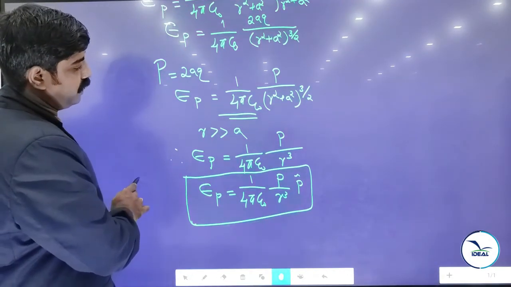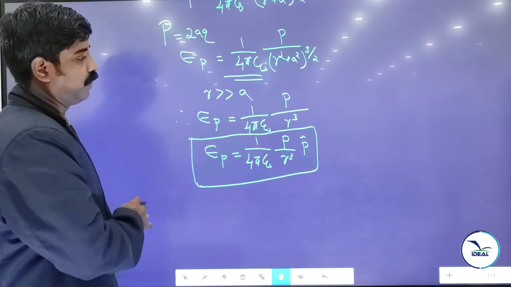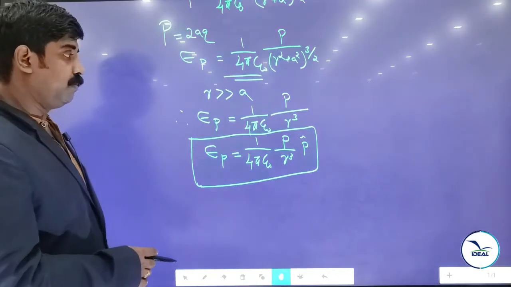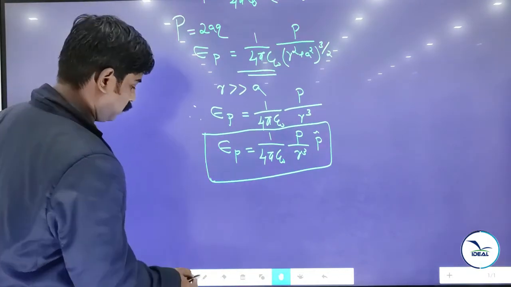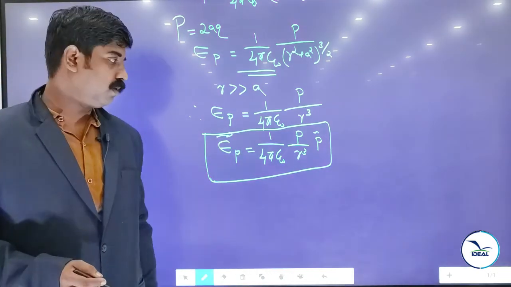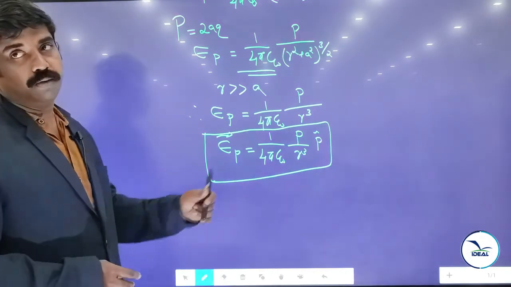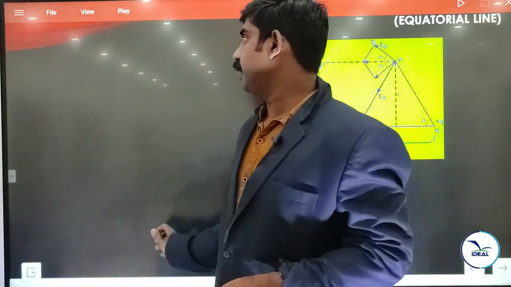If R is very much greater or A is small, then EP is equal to 1 by 4 pi epsilon 0 P by R cube. So in vector form, EP is equal to 1 by 4 pi epsilon 0 P by R cube P cap. Okay, this is all about this topic.